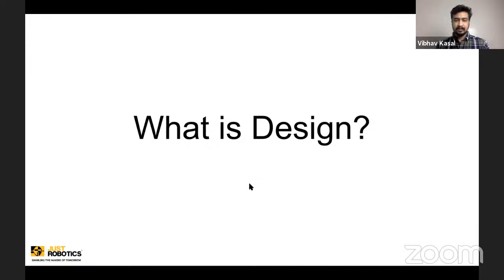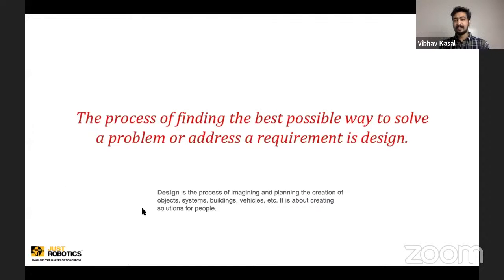So design has a lot of meaning, and it applies to a lot of areas. When it comes to architecture, design means something. When it comes to drawing, design means something. When it comes to shape and form, design means something. So design as a term is a process of finding the best possible way to solve a problem or address a requirement.